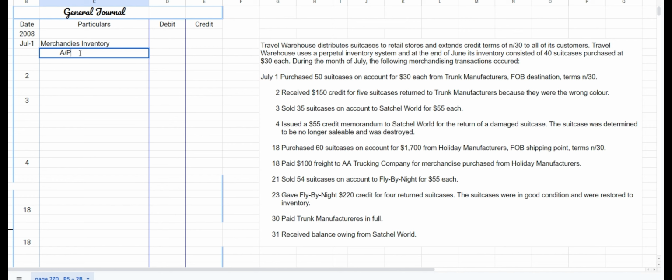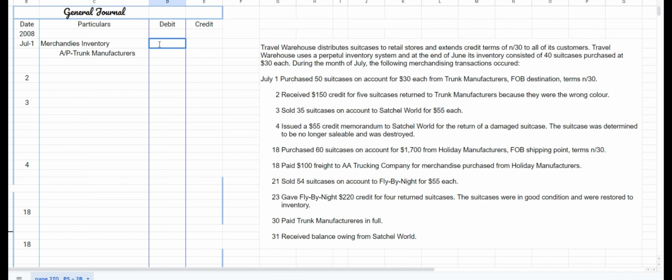And in this case, it's to trunk manufacturers. And how much inventory did we buy? Well, we got 50 suitcases, and each of it cost $30. So when you multiply it, you get 1,500. So that's the amount of merchandise that you bought.